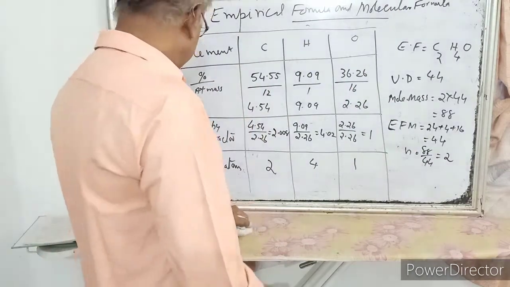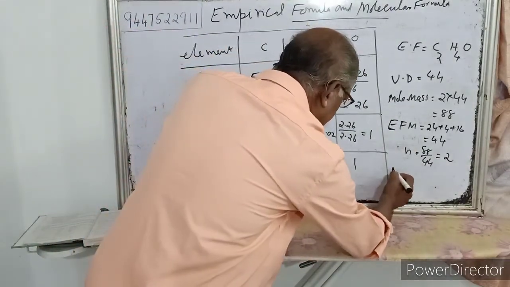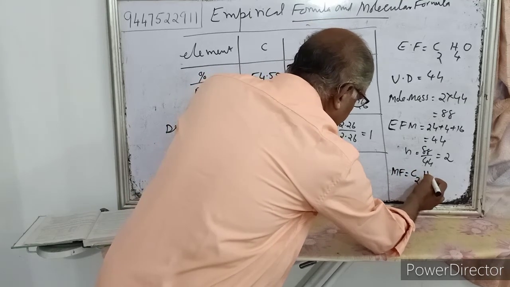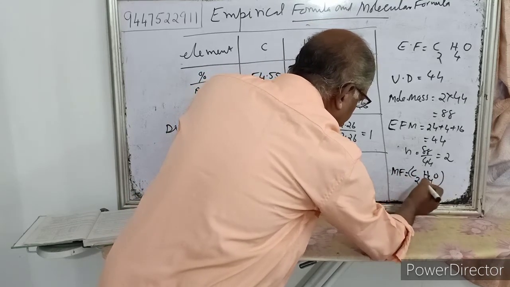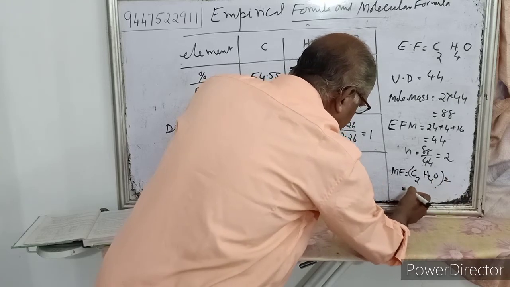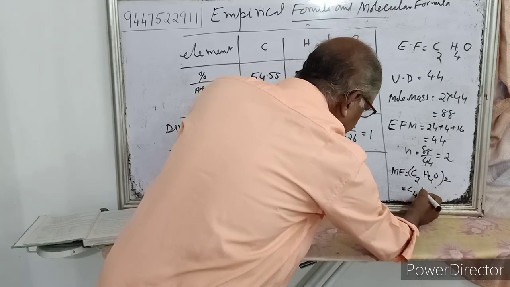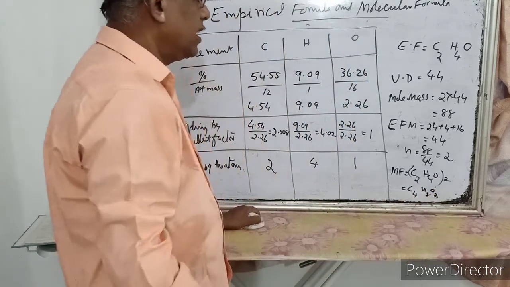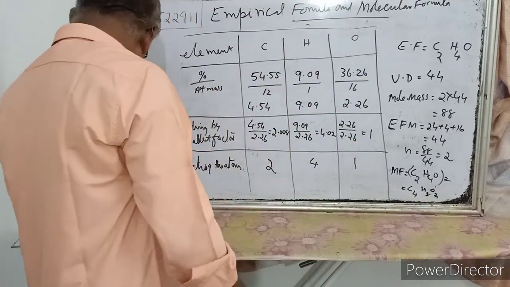So the molecular formula of the compound is C2H4O twice, or C4H8O2. That is the molecular formula of the compound.